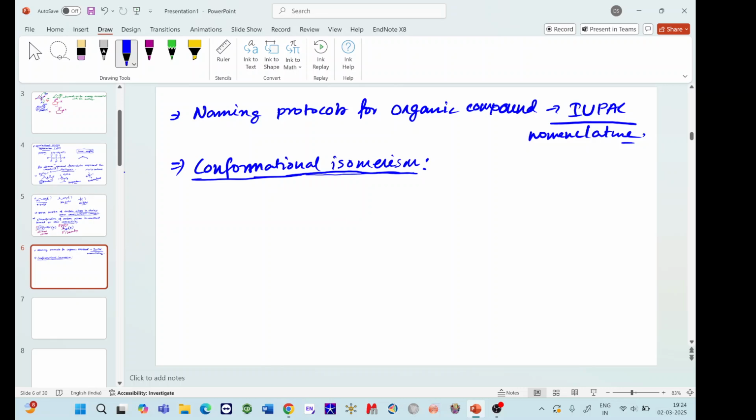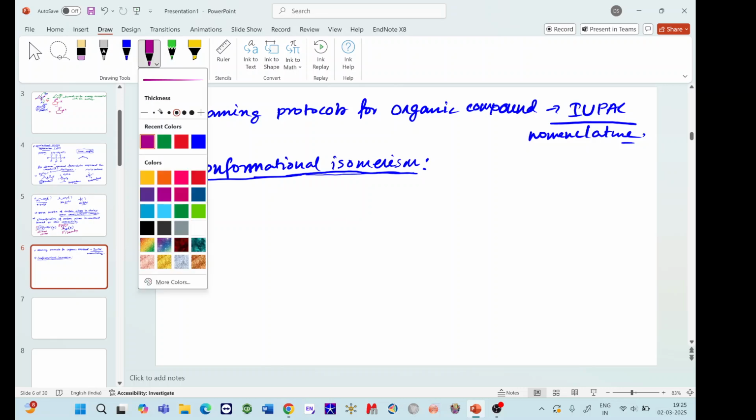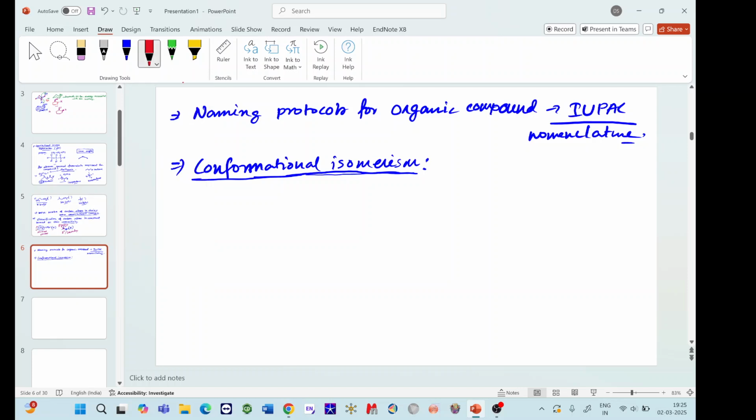As I told you, this conformational isomerism relates with bond rotation, sigma only.